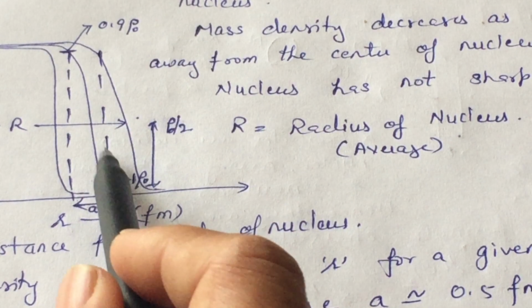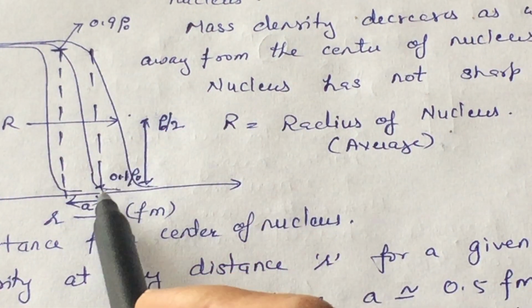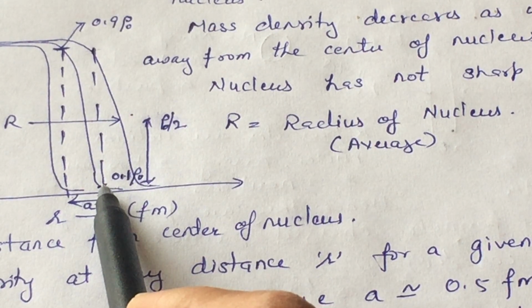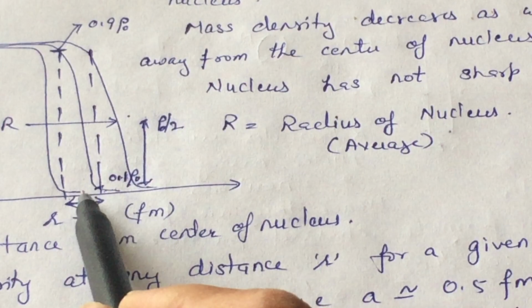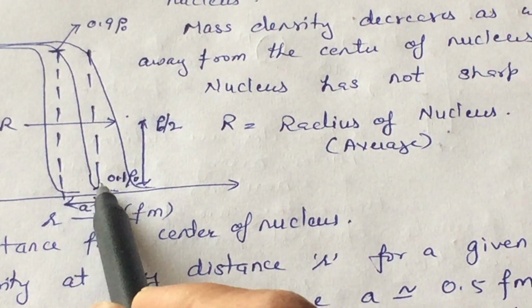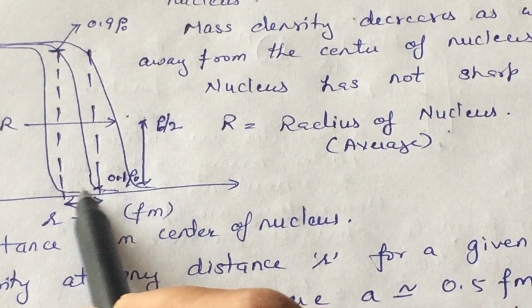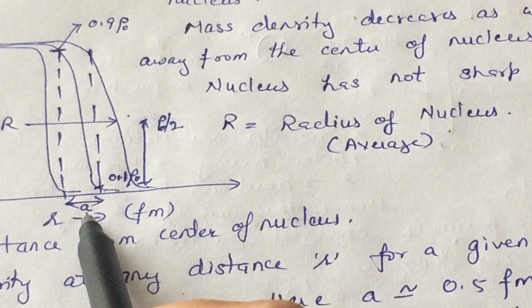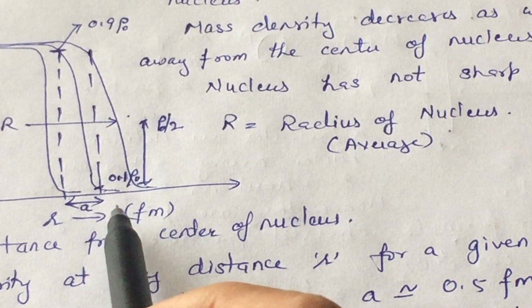The distance between these two points, where the density drops from 90% to 10%, is represented here by a, and it is approximately the same for all the nuclei.